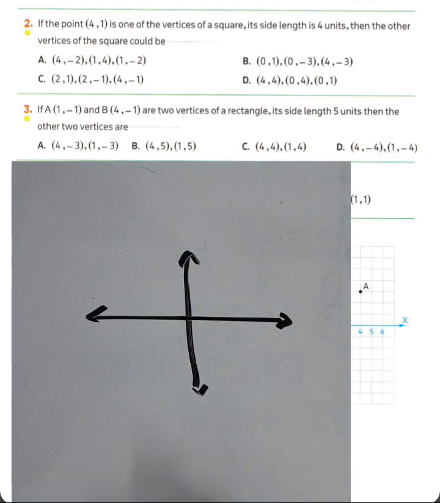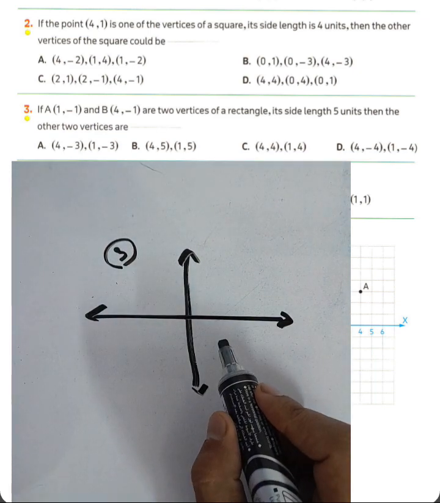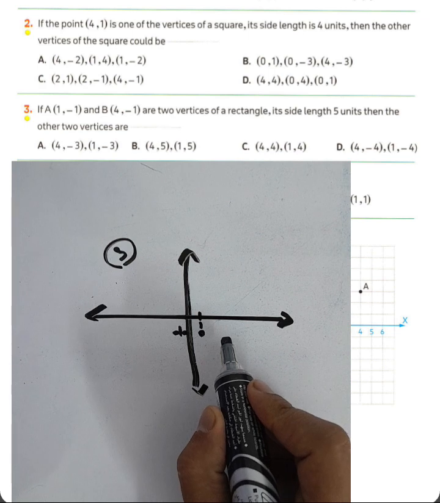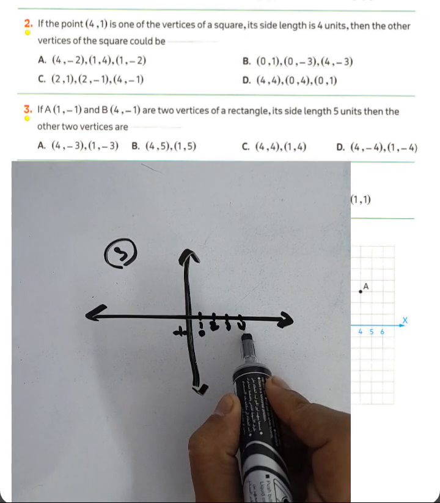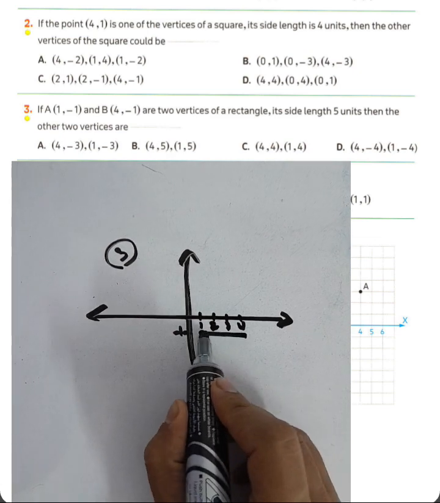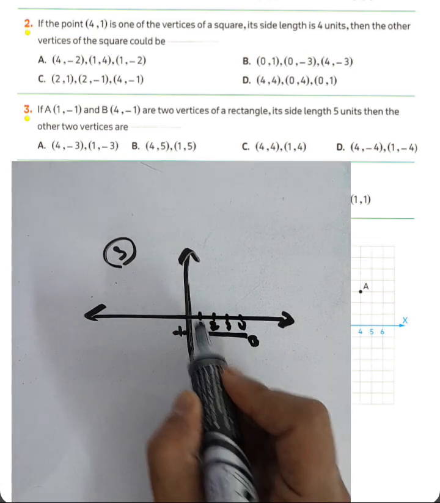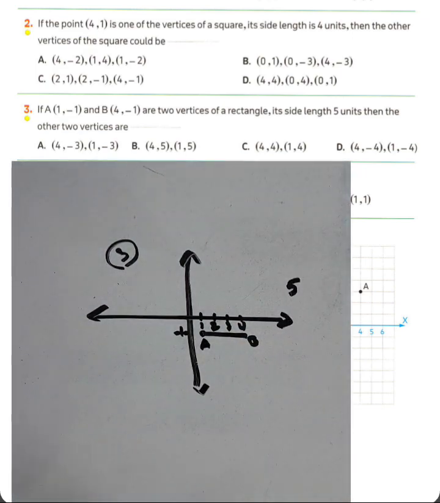Okay, look at here, it's coordinate about question number 3. First point 1 and negative 1 here, and second point 4 and negative 1. It's the first point A and second point B, and we can go up 5 units because he tells us the length was 5 units.